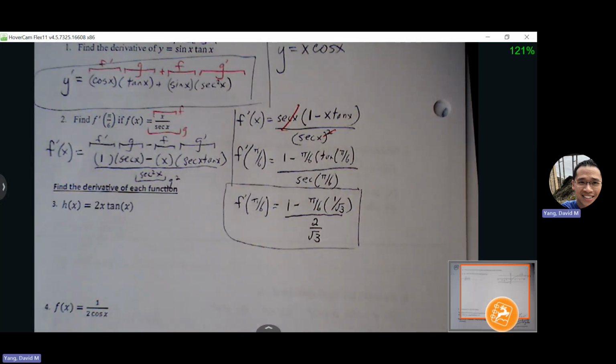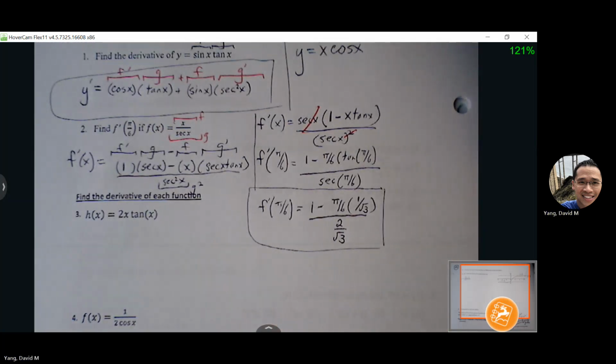Okay, try number 3. What would you use for number 3 to find the derivative? What rule?